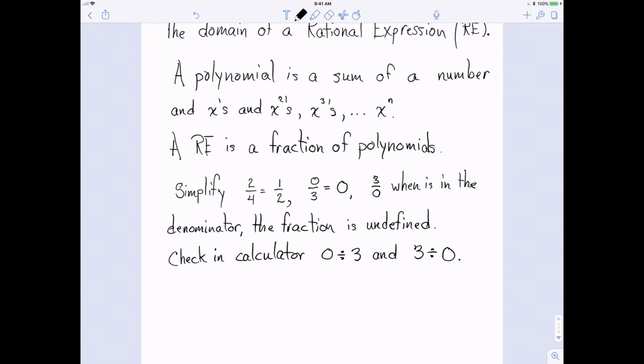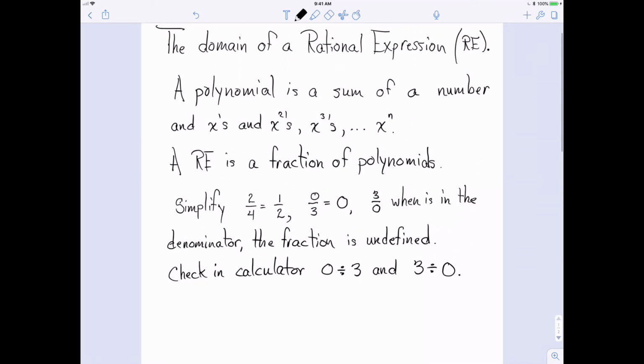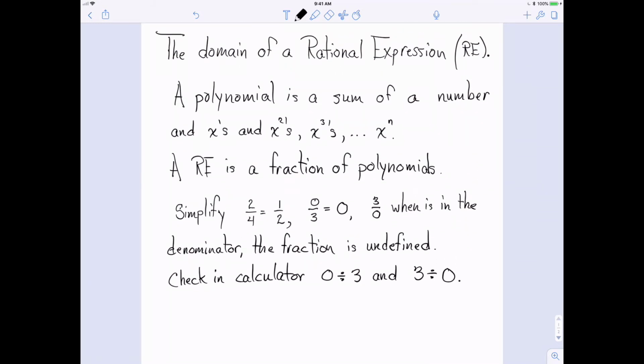Okay, so then the question is rational expressions. Well, a rational expression is a fraction. So that means a rational expression in some cases can be undefined. And what we want to do today is find all possible numbers where the rational expression exists. The easiest way to do that is by finding out where it does not exist.